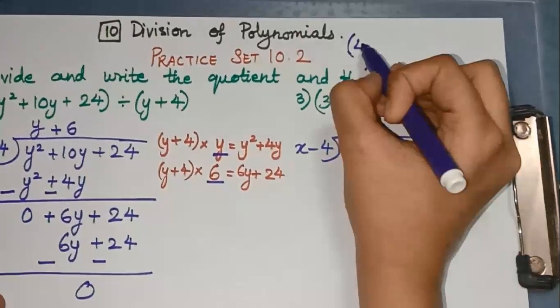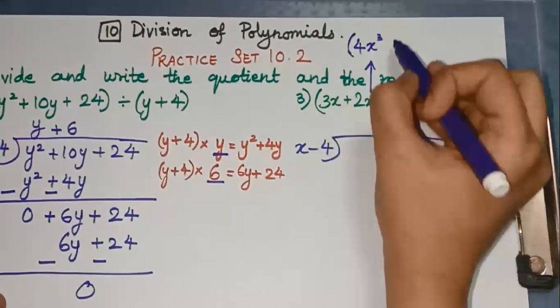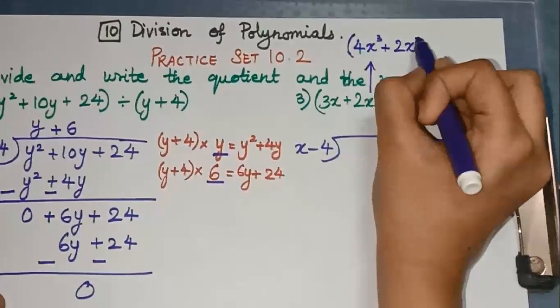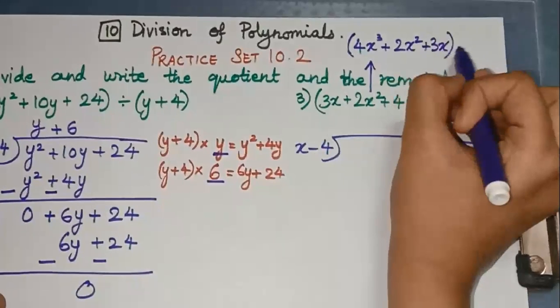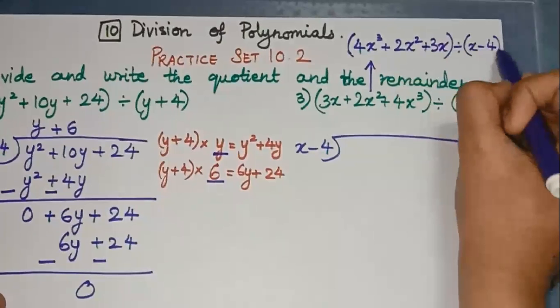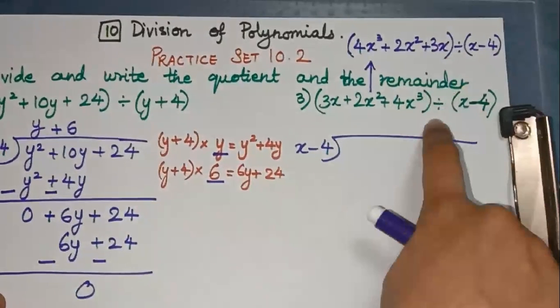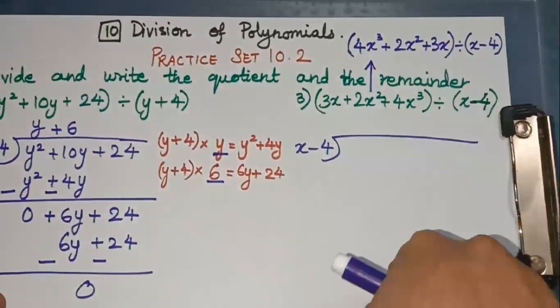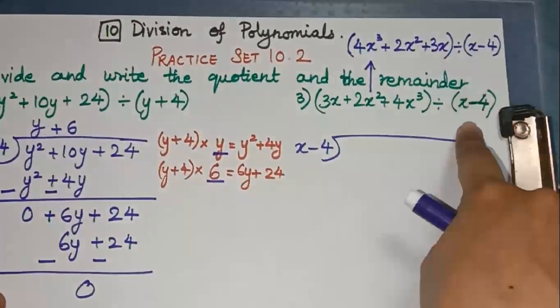Firstly we will change and we will put the powers in descending order. So 4x cube will be written first, then we will have 2x square, and then finally we will have 3x. This whole term will be divided by x minus 4, okay? Girls, you have to write this. You should write this line below the question itself, okay?